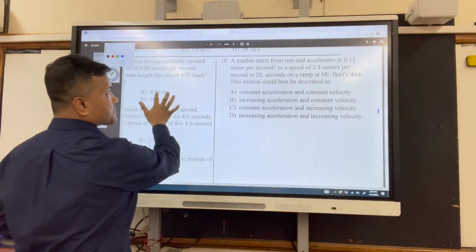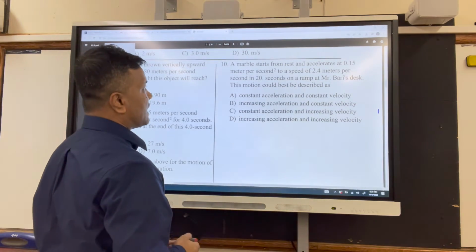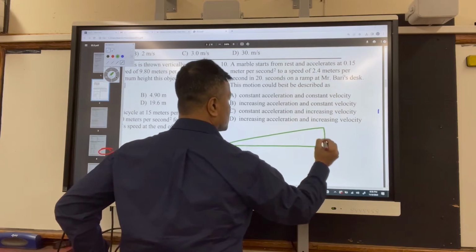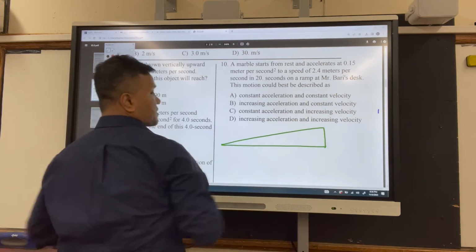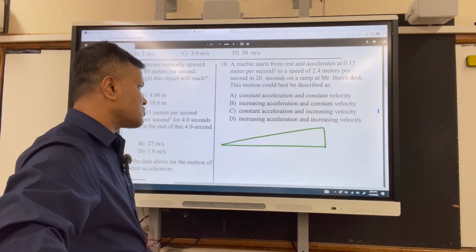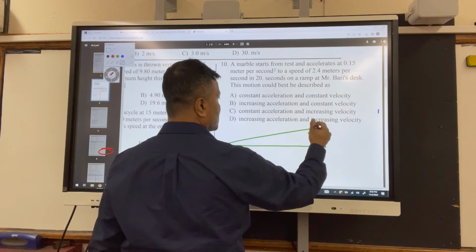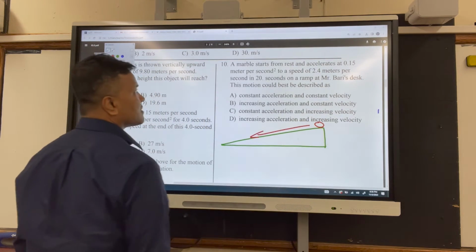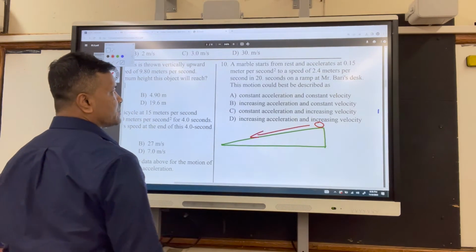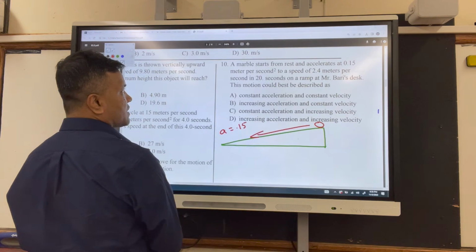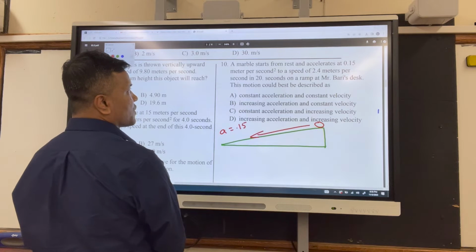A marble is let go from rest and accelerates. So a marble is released from rest. This is a marble, and this is 1D. I cannot roll this marble, but if I drop this marble over here, it is going to roll in this direction, with acceleration 0.15 meter per second squared, to speed up to 2.4 meters per second in 20 seconds on the ramp.